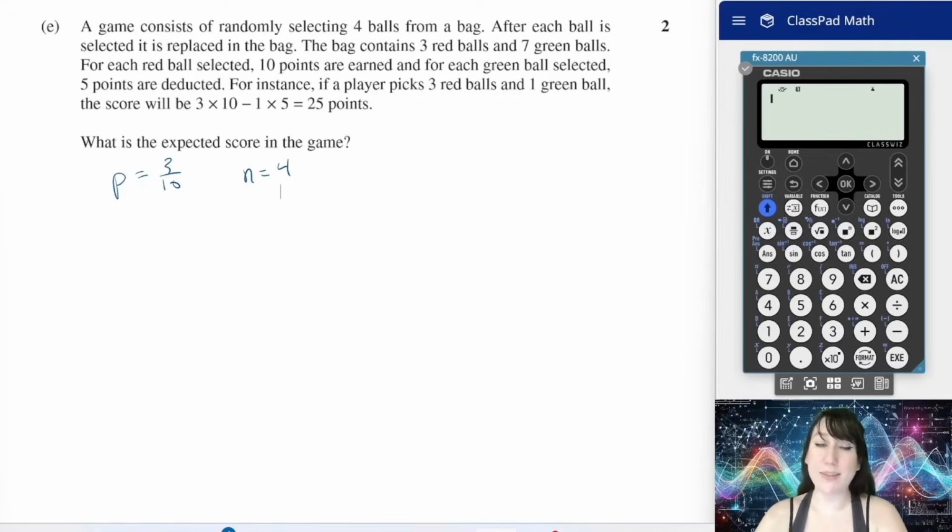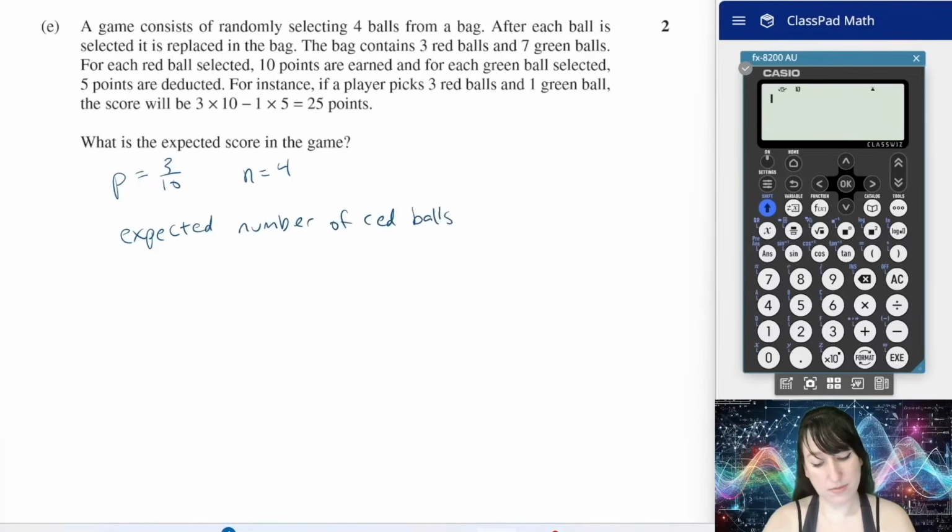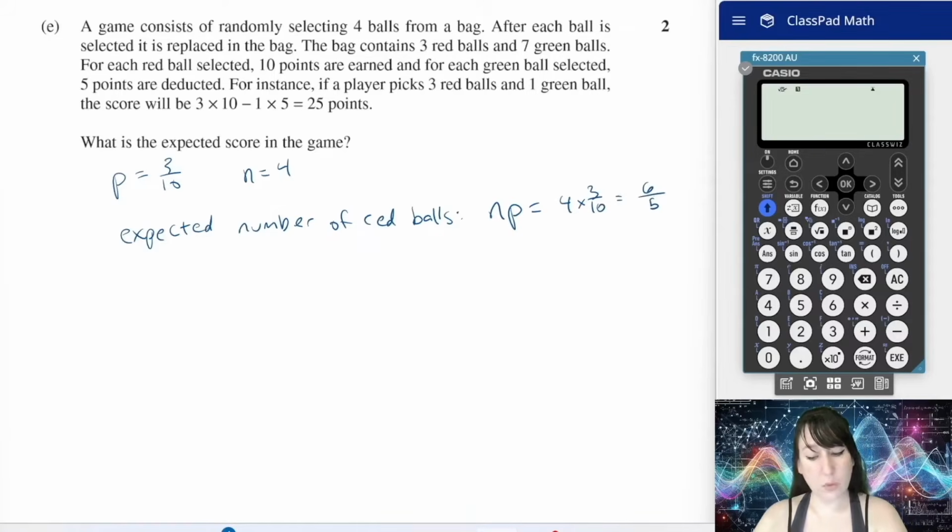We need to find the expected number of successes, as in red balls selected. In binomial probability distributions, the expected outcome is n times p, which in this case equals 6/5.